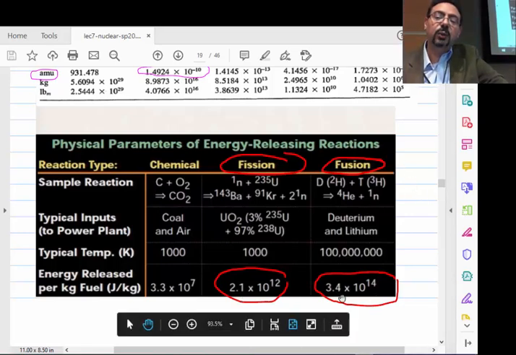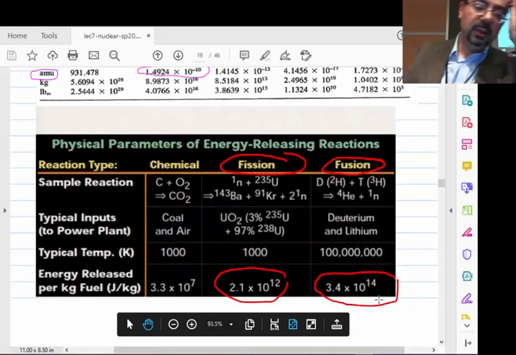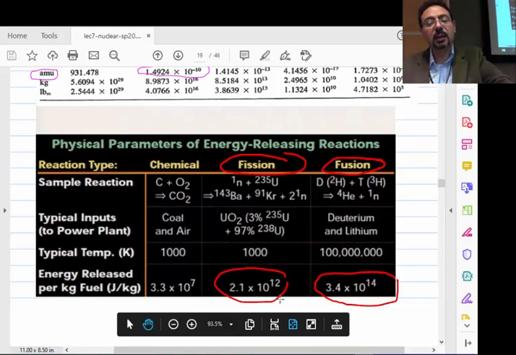Obviously if we can do fusion like the sun, that would be even better, but we can't so far, and we'll see why and what they are trying to do right now. But basically that is the big deal, that there is a lot of energy contained in the fission.